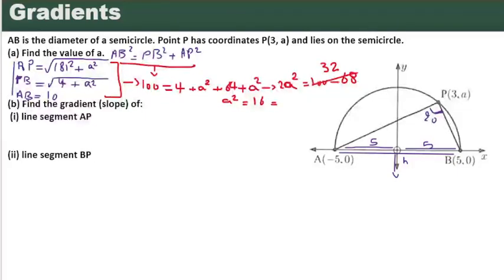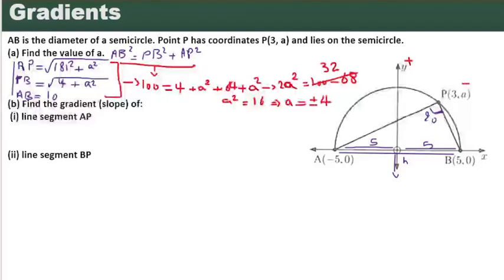And take a square root from both sides. So a would be positive or negative 4. But as we see, a is located at the positive side of the y-axis, so I get it positive.